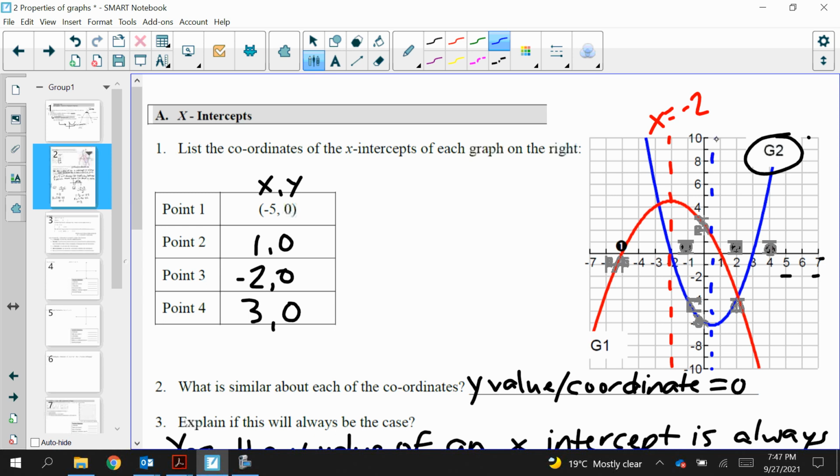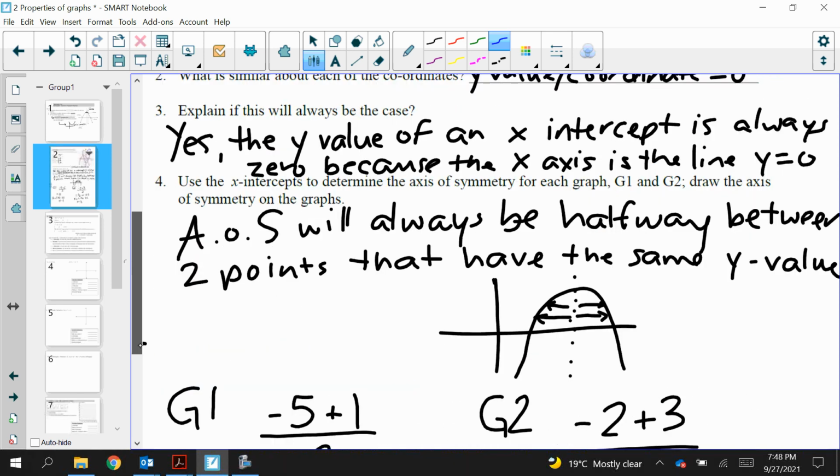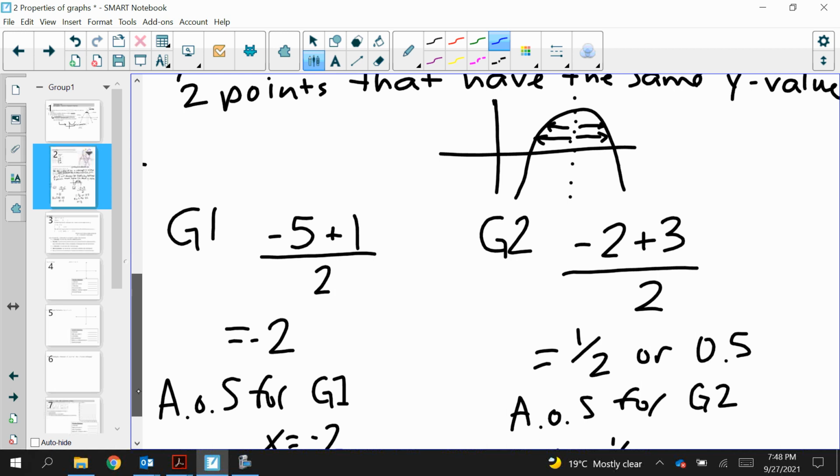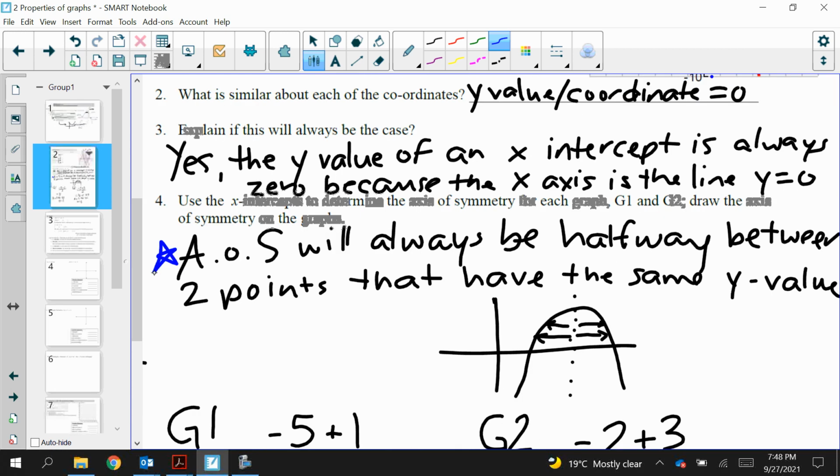So this is the axis of symmetry for graph 2. It's at the line x equals 1/2 or x equals 0.5. Those are our axes of symmetry. And this definition here is kind of important, that the axis of symmetry will always be halfway between 2 points that have the same y value.